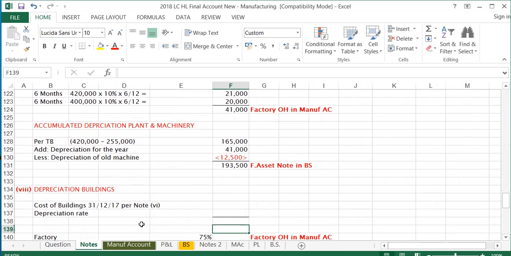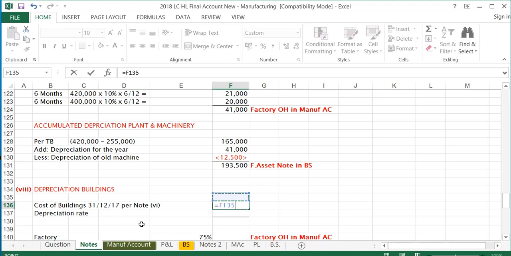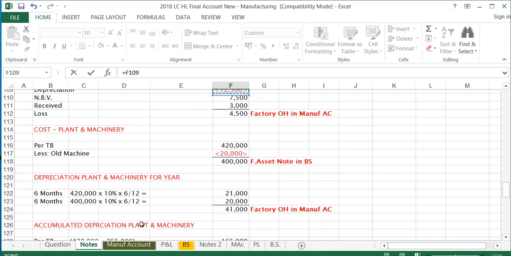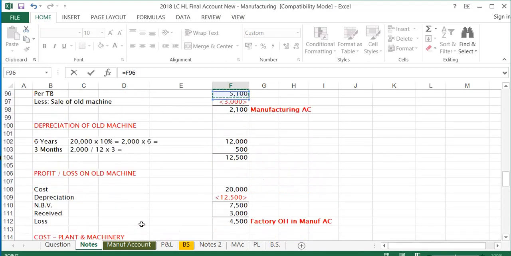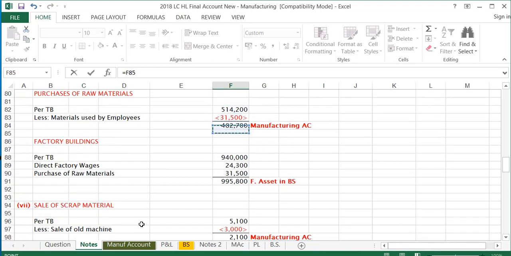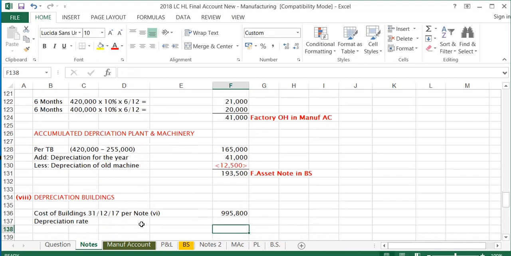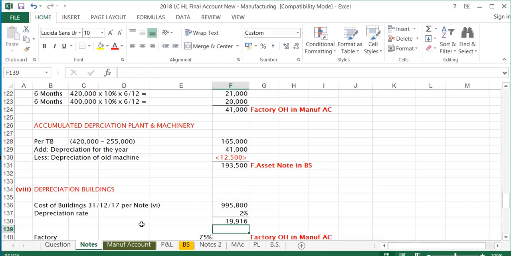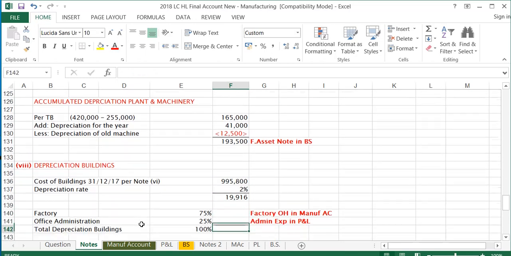Okay, so depreciation of buildings. From note 6, there's a change to buildings, so I need to get the most up-to-date figure for buildings, which is now 995,800. And they are depreciated at 2%. So 995,800 by 2% gives me depreciation of buildings for the year of 19,916.